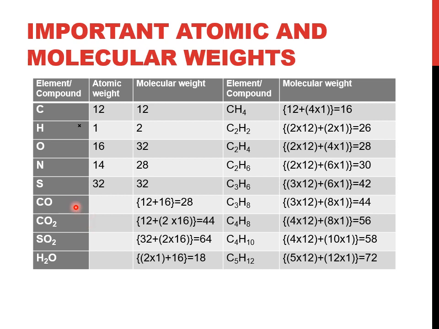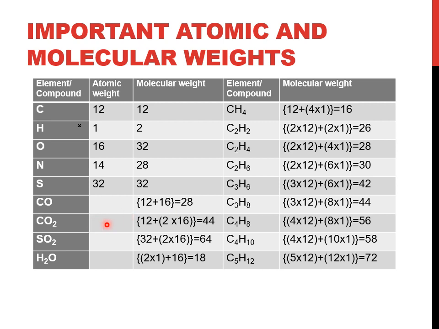As you can see, this is carbon monoxide where we have one carbon and one oxygen. So for one carbon it is 12 plus, since we have only one oxygen atom, it is 16. So 12 plus 16, it is 28.